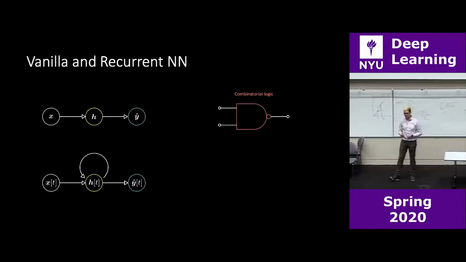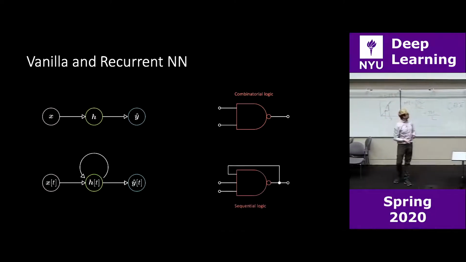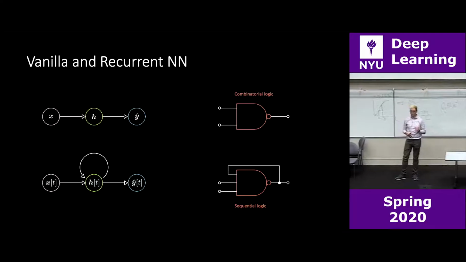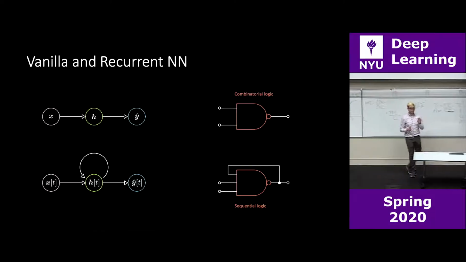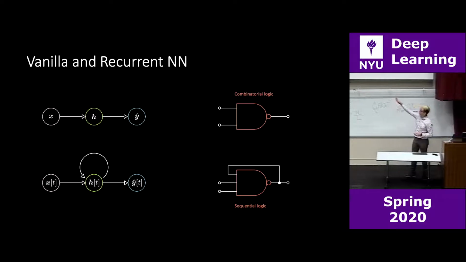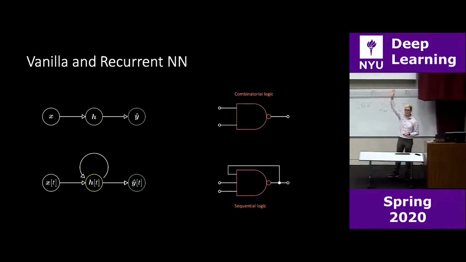And again, if you're keen on digital electronics, this is simply sequential logic, where you have an internal state. Jan yesterday mentioned the flip-flop. If you have no idea what a flip-flop is, check it out. It's just a very basic memory unit in digital electronics. Nevertheless, this is the only difference, right? In the first case, you have an output which is just a function of the input. In the second case, you have an output which is a function of the input and the state of the system. That's the big difference.